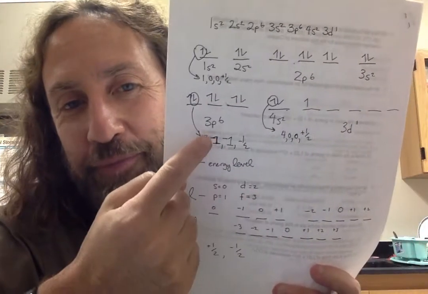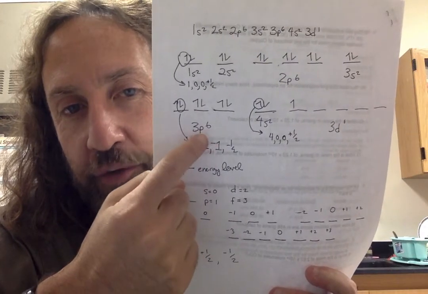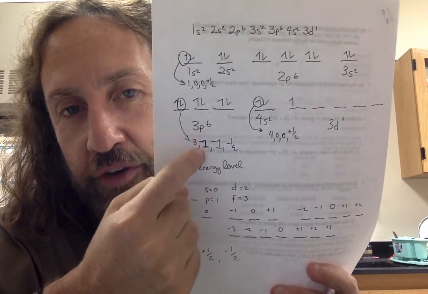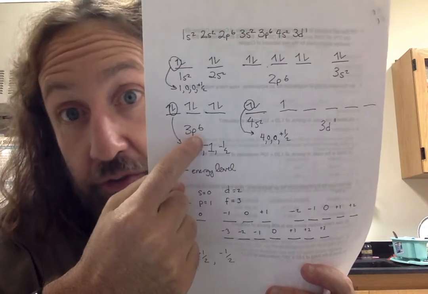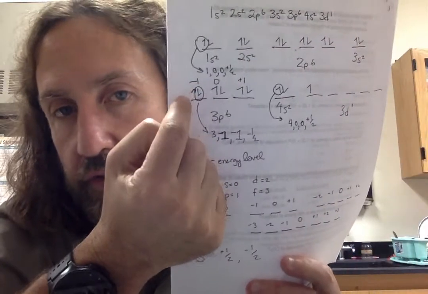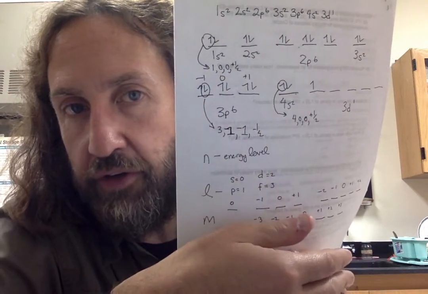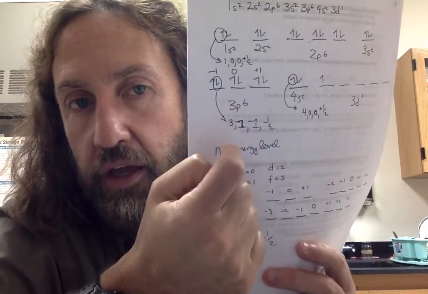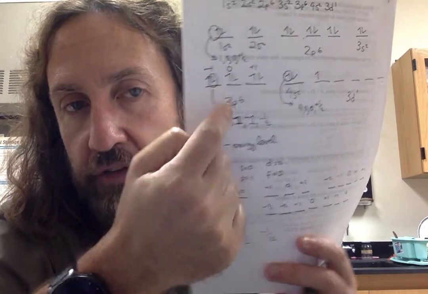And then negative 1 because of the number line, and negative 1/2 because it's pointing down. So 3, 1, 3 because it's in the third energy level, 1 because it's in P. I almost skipped that one. And then negative 1 because it's in the first part of the number line, and the number line is going to look like this. See, you can write the number line right over your electron configuration. And then negative 1/2 because he's pointing down.